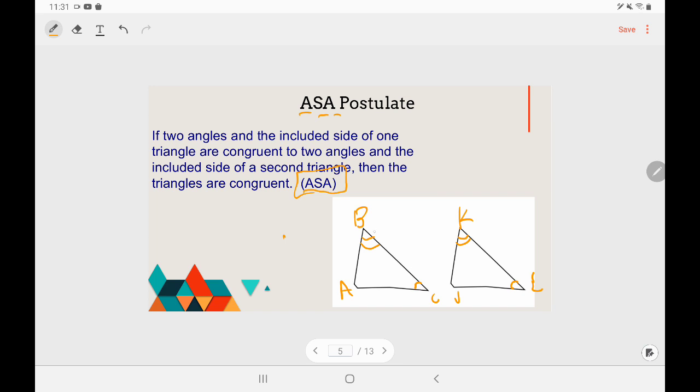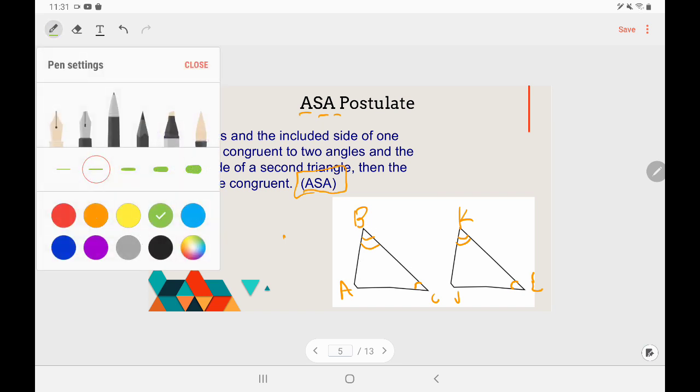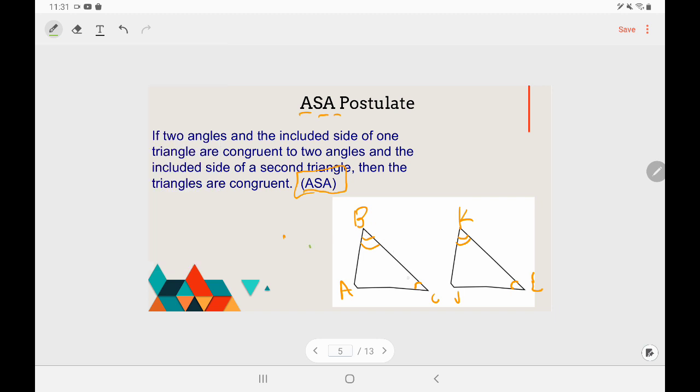So what side would that be? On triangle ABC, let's use a different color, between angle B and angle C is the segment BC. So this segment BC would have to be congruent to KL. And that would be congruent.